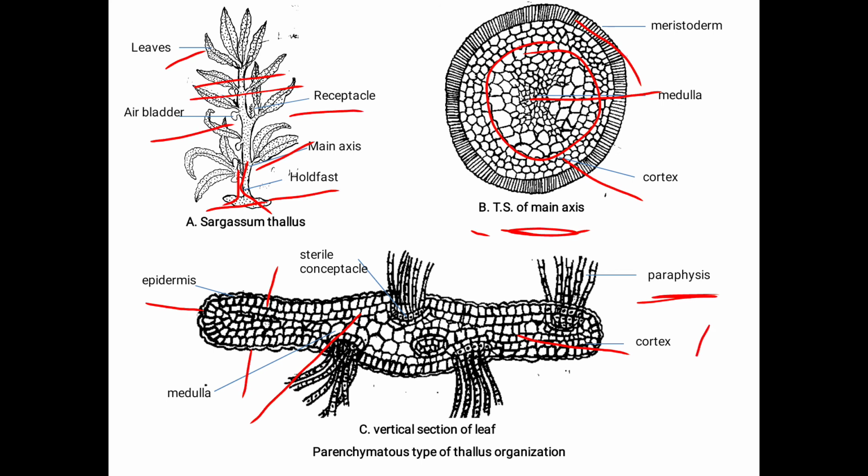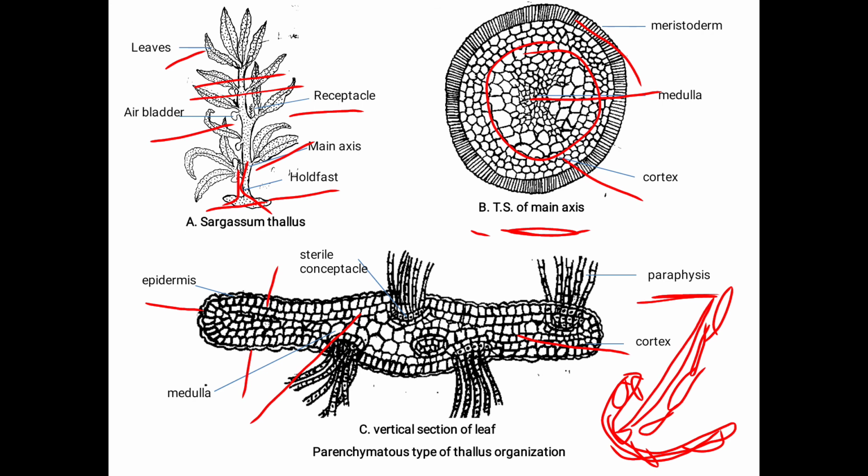See, these are the paraphysis. These are sterile hairs which are attached to the sterile conceptacle. This is the conceptacle. These hair-like portions are attached to the conceptacle.